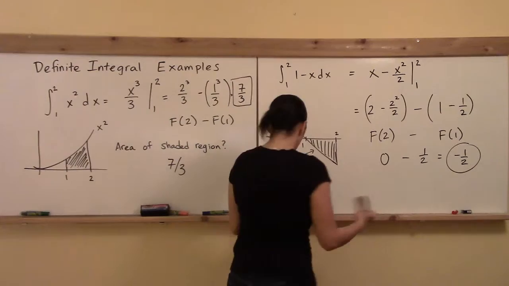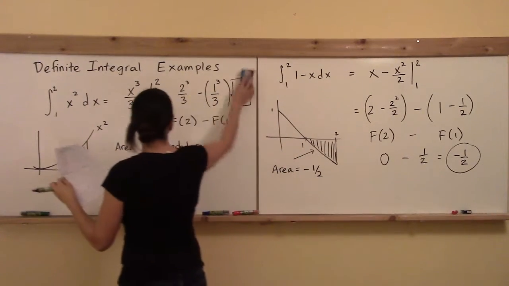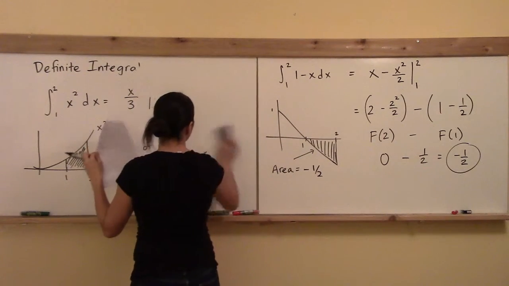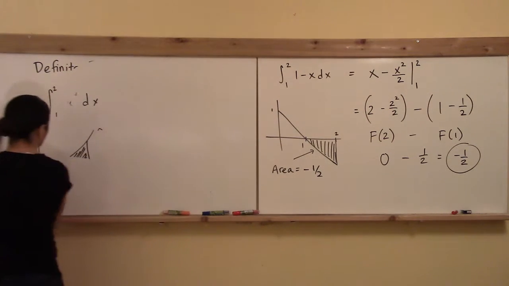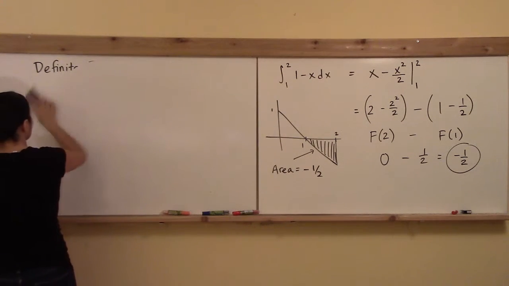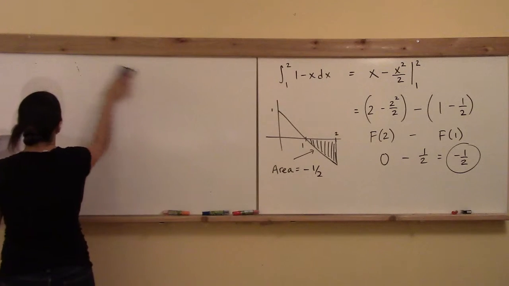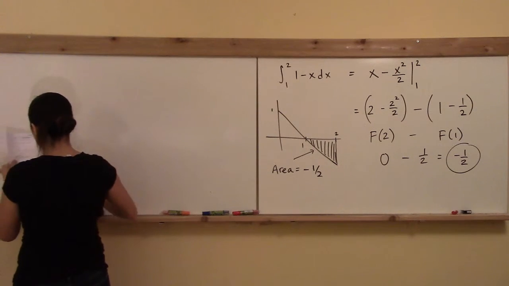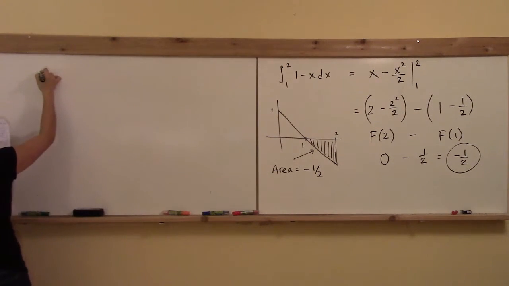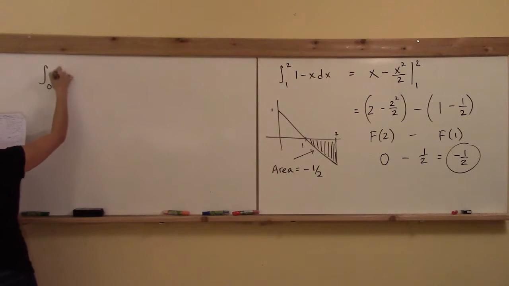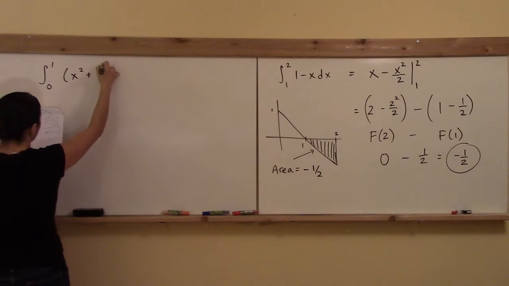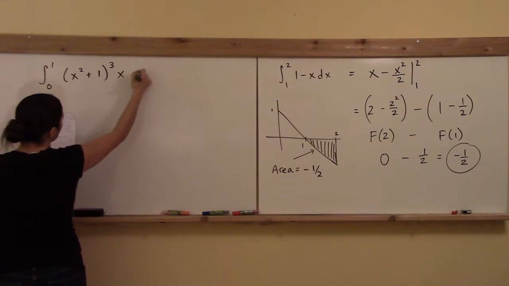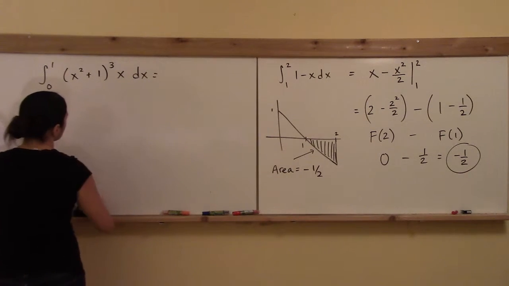Okay? Alright, let's try a couple more examples here, and we'll just stick to the computation of some definite integrals. You can draw a picture on your calculator or by hand if you like to see the corresponding picture. Okay, so let's try this integral from 0 to 1 of x squared times 1 cubed times x times dx.